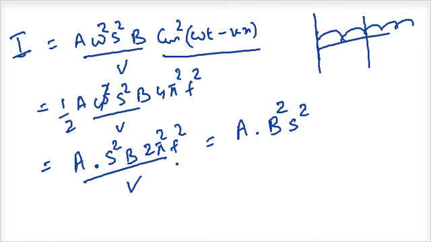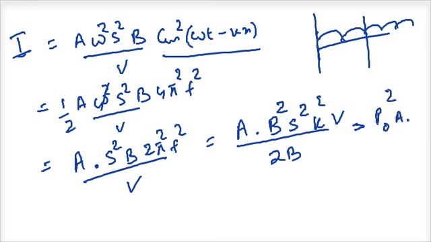Instead of omega squared I can say v squared into k squared. So it is k squared, there's a v squared and v in the denominator, by 2B, because I squared B, I'll put a B here. So now that B k S is nothing but P naught. So I can say it is equal to P0 squared into A into v by 2B.